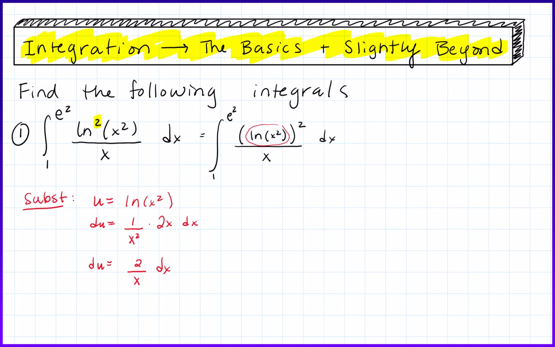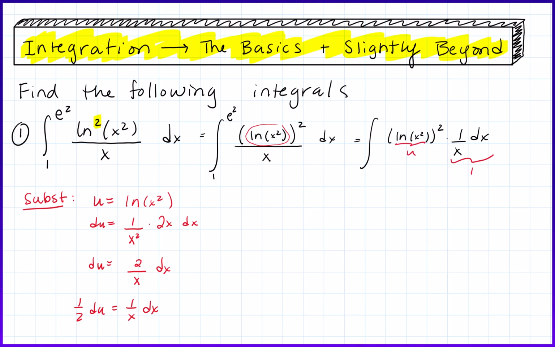And I have a 1 over x in my integral. I've got the natural log of the quantity x squared, all of that being squared, and a 1 over x and a dx. So if I just divide both sides by 2, or multiply by 1/2, I would get 1/2 du equals 1 over x dx, and I can make that substitution here.